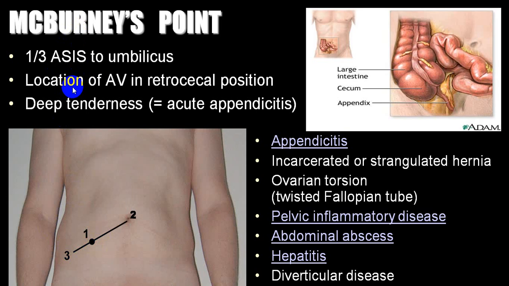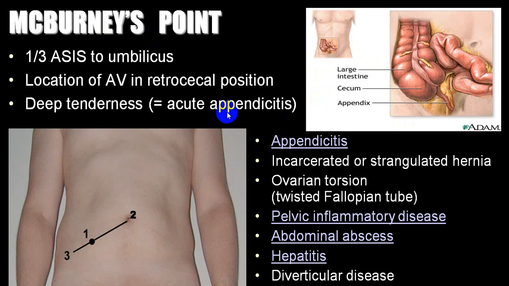But on deep palpation, the person will have severe deep tenderness, which we call McBurney's point tenderness. But when you palpate the left iliac fossa and release, you get pain in the right iliac fossa, which is called Rovsing's sign or rebound tenderness.